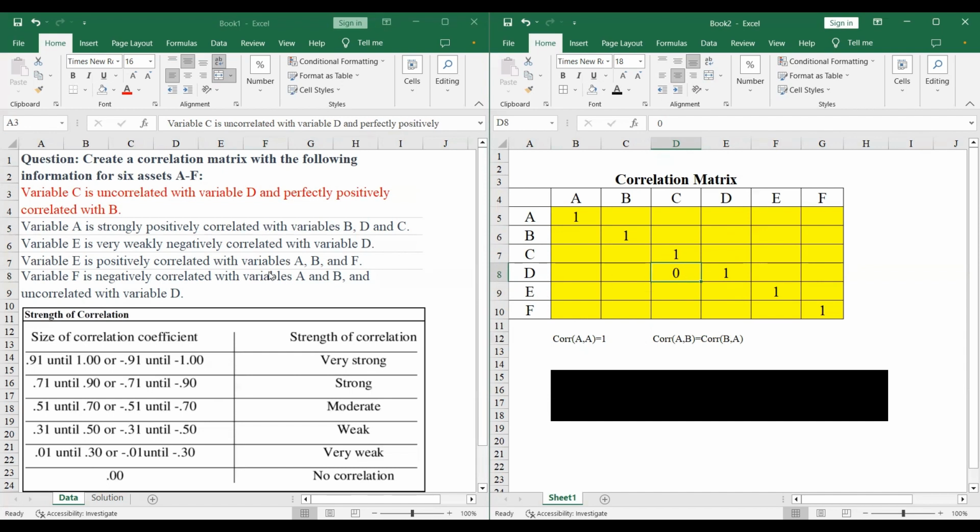The next piece of information is that variable C is perfectly positively correlated with variable B. That means this would be 1. Perfect positive correlation means when B increases, so does C increase.